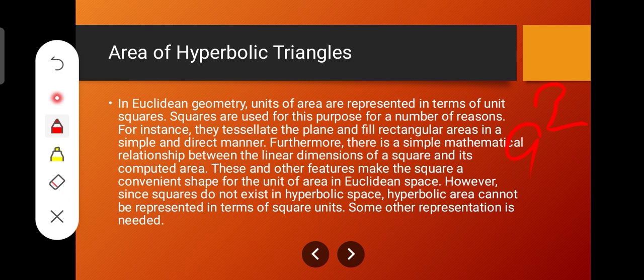Furthermore, there is a simple mathematical relationship between the linear dimensions of a square and its computed area. These and other features make the square a convenient shape for the unit of area in Euclidean space. However, since squares do not exist in hyperbolic space, hyperbolic area cannot be represented in terms of square units.